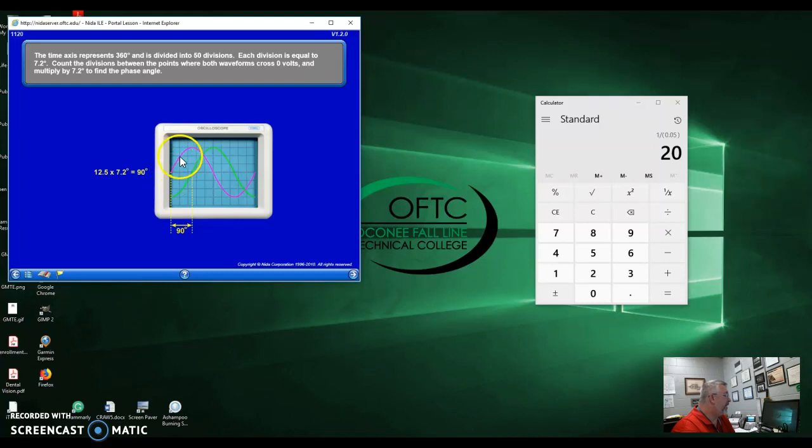We're starting at the reference line, and we're moving back to the reference line, going negative and coming back. This represents 360 degrees of movement here. And if we take a look, it's talking about 50 divisions.